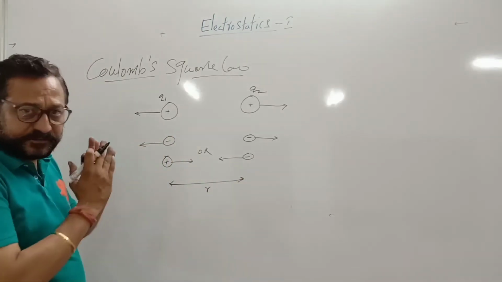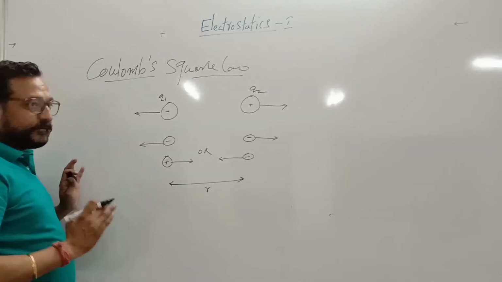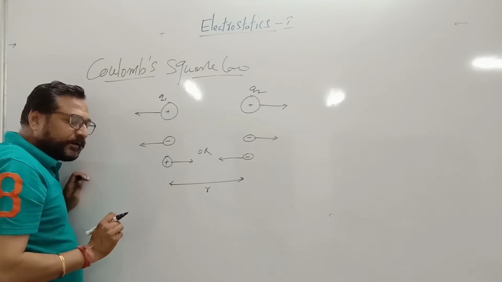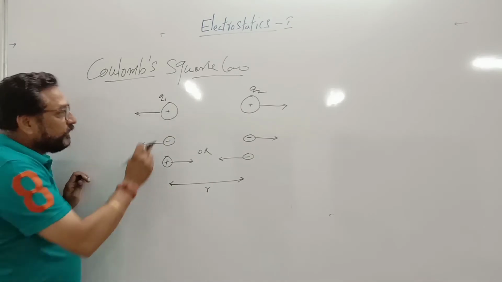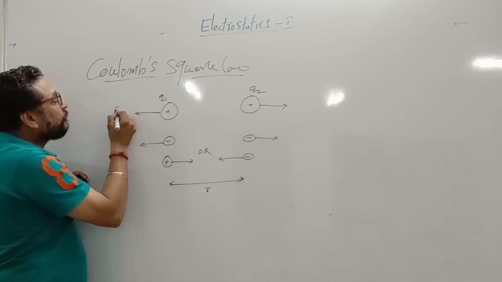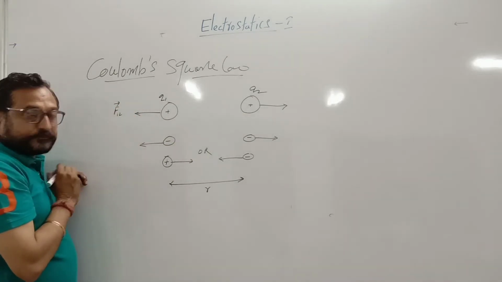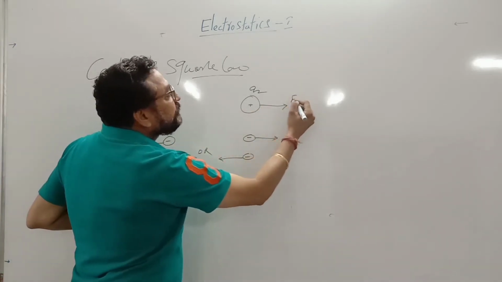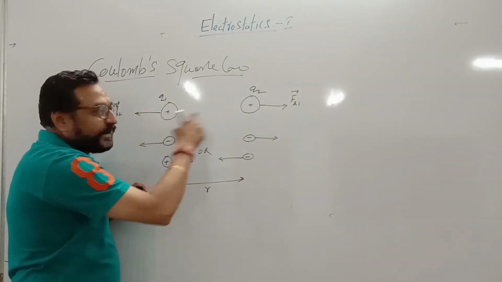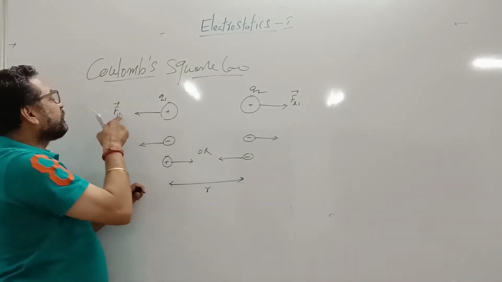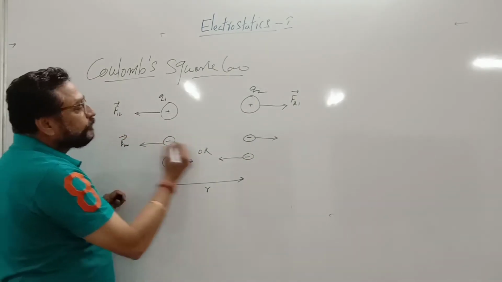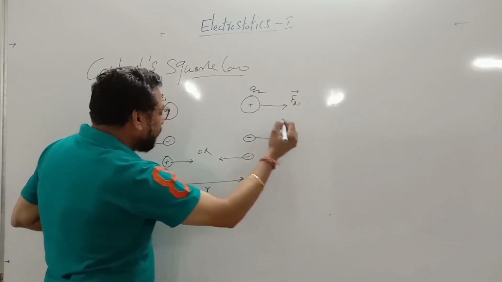Then we go towards its statement. First of all, this is the first charge, this is the second. There is an important conclusion, the direction factor. The force on the first by the second is F12, and the force on the second by the first is F21.